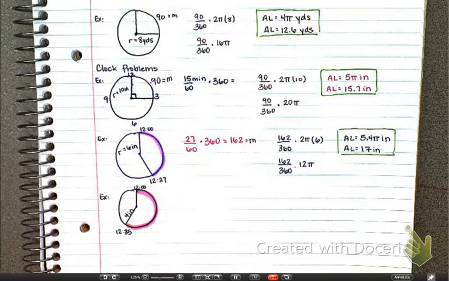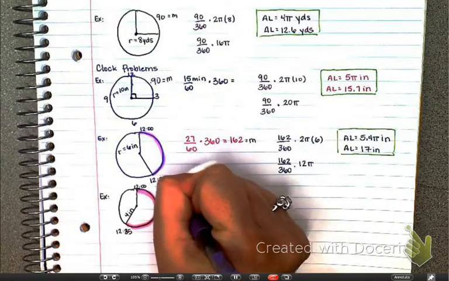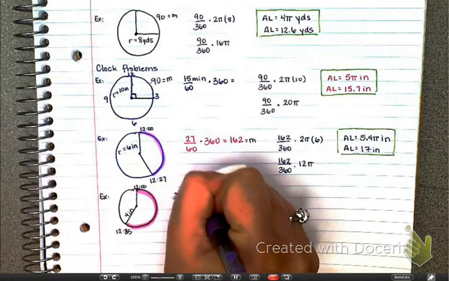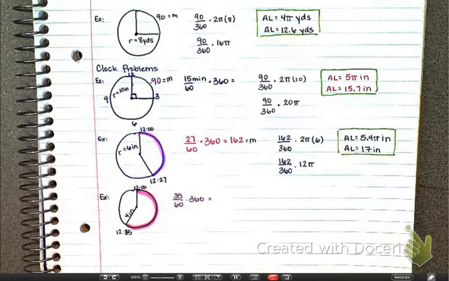How many minutes do I span between 12 and 12:35? 35 minutes. So you should have started with 35 over 60 times 360. And what did you get? 210. Oh my gosh, 35 divided by 60 times 360.